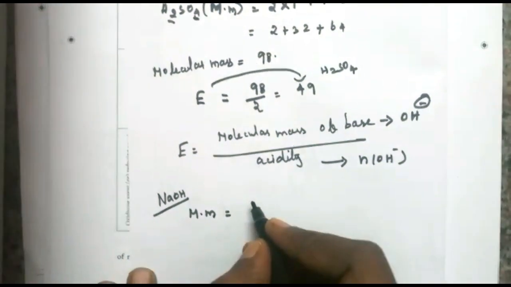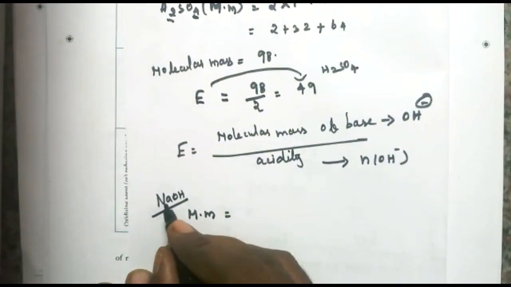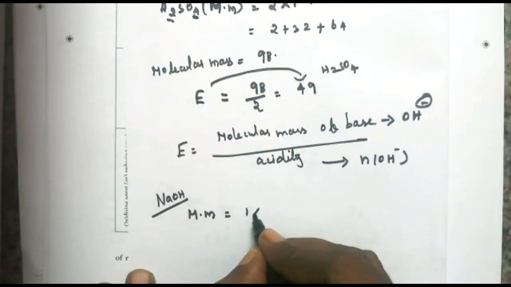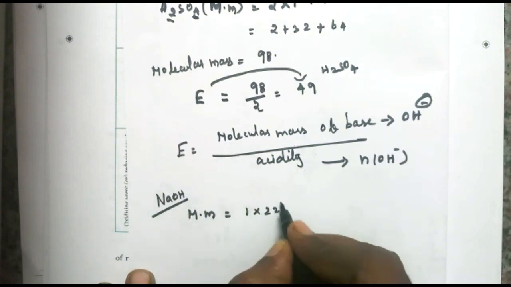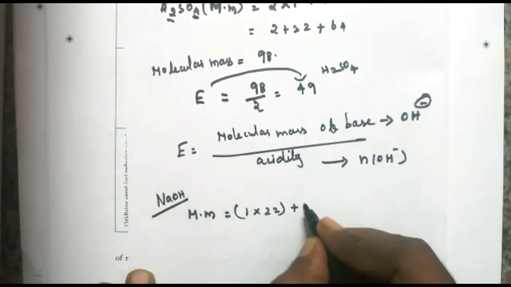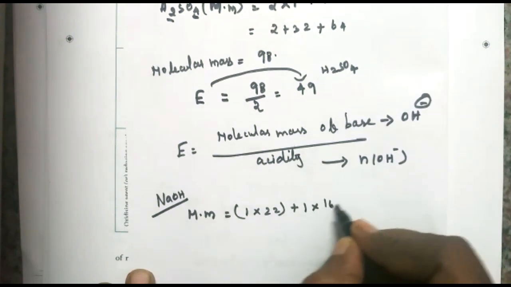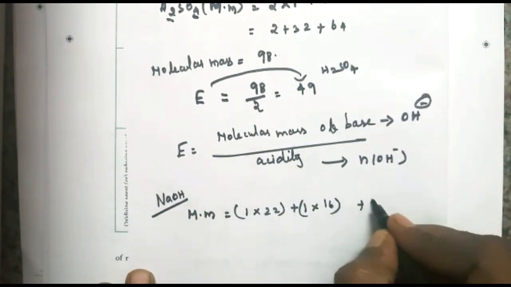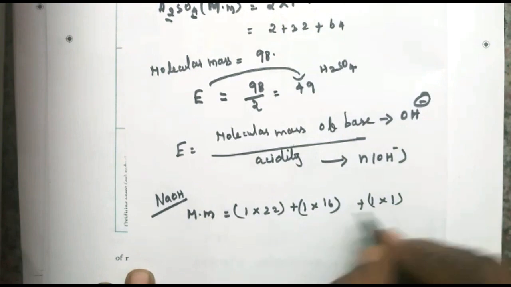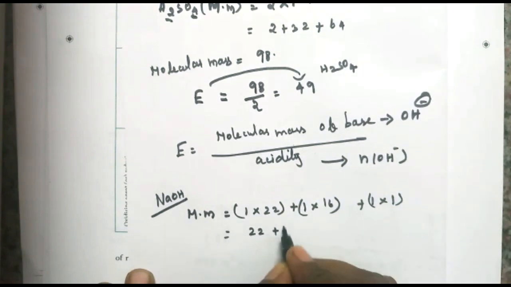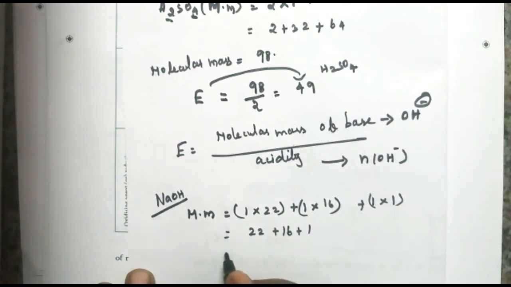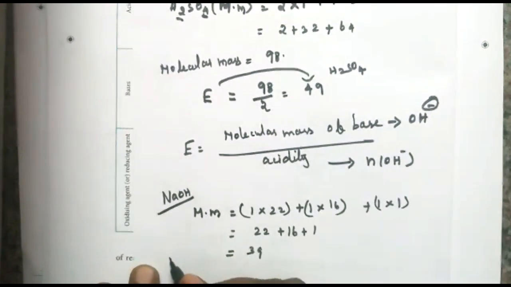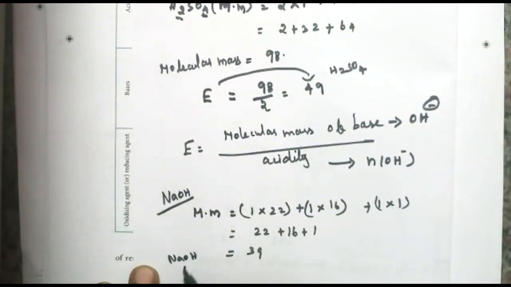There is 1 sodium, 1 into the atomic mass of sodium, 22, plus 1 oxygen, atomic mass 16, plus 1 hydrogen, 1 into the atomic mass of hydrogen, 1. That is 22 plus 16 plus 1, which gives 39. So the molecular mass of sodium hydroxide is 39.